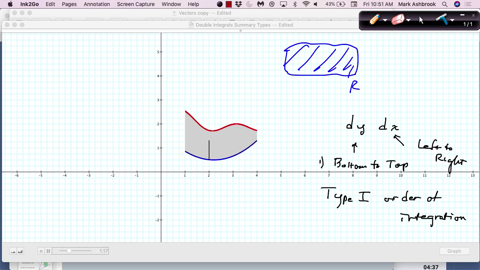This is what we're thinking about when we do dy dx in that order. Bottom to top first for an arbitrary x, and then integrating all those strips starting from the leftmost x to the rightmost x. Does it make sense?